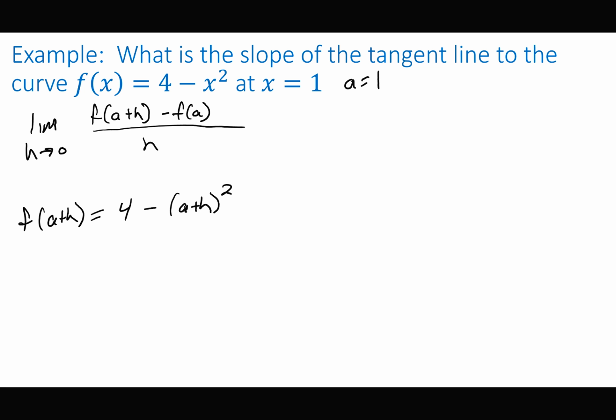Or evaluating for a plus h, we put a plus h in for the x and square it. And let's change this to 1 right now, because right up here we said a is actually 1. So let's change it to 1 plus h. Let's do it right here from the start.